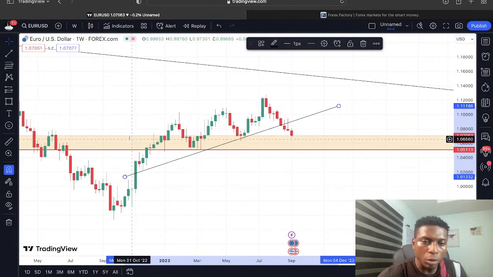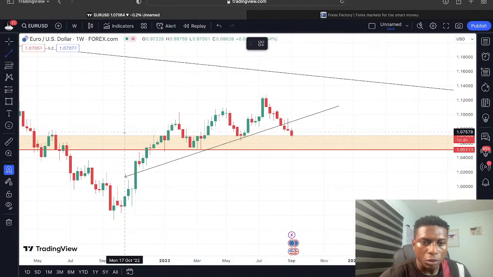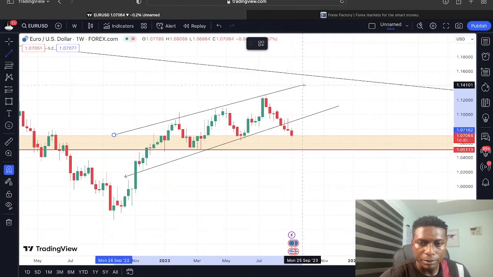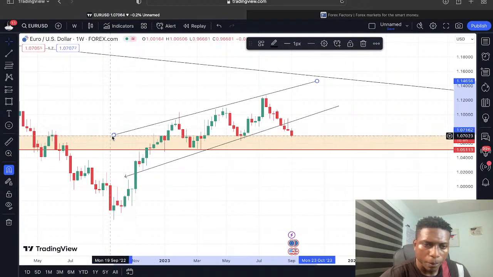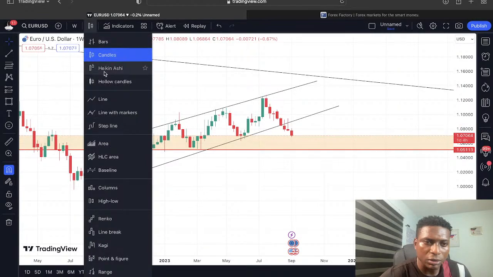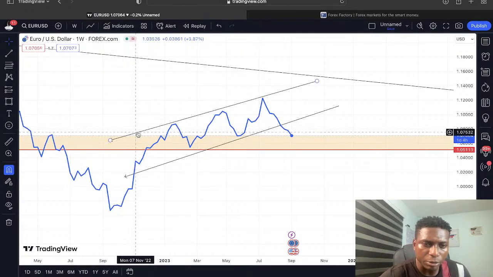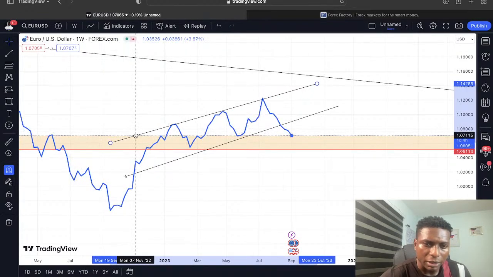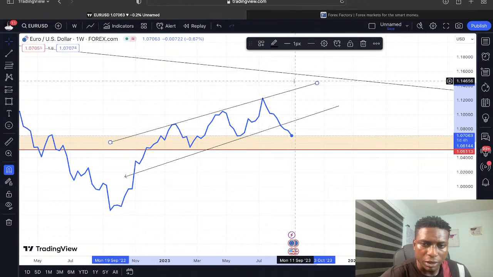When we zoom in now, we can definitely see that on the weekly time frame, if we convert it to a line chart, we are able to layer our lines very well on each of the edges. Good.